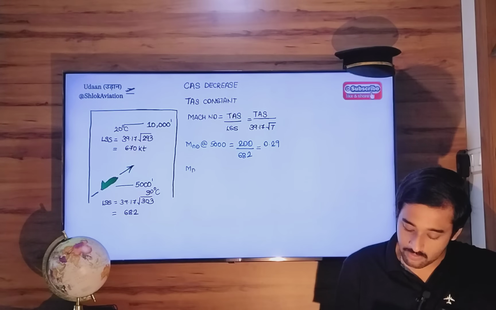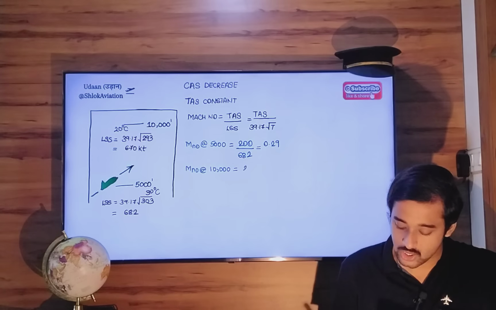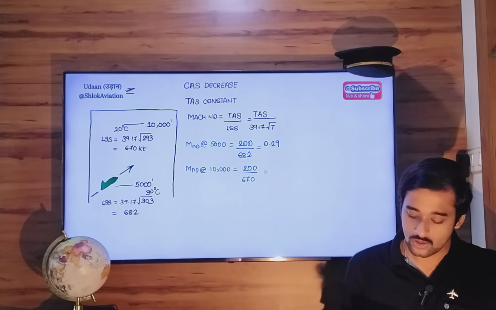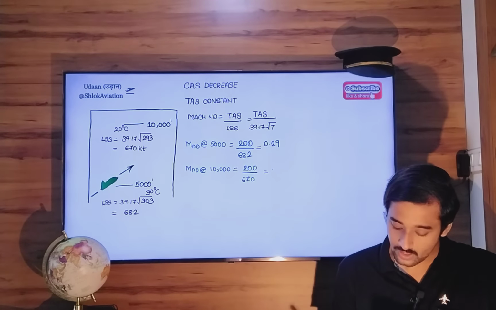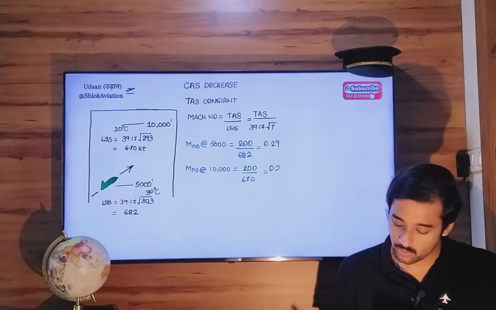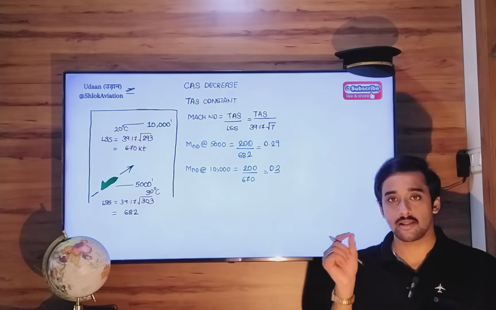Now the same Mach number at 10,000 feet will be the same TAS 200 knots divided by 670. So 200 divided by 670 is 0.298, or approximately 0.3. So your Mach number will increase a little bit.